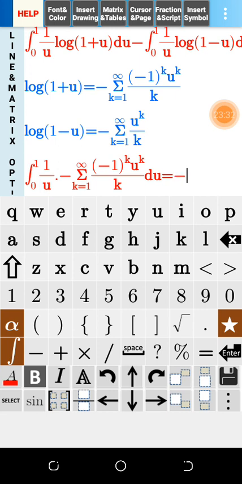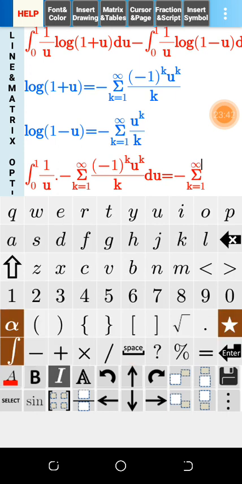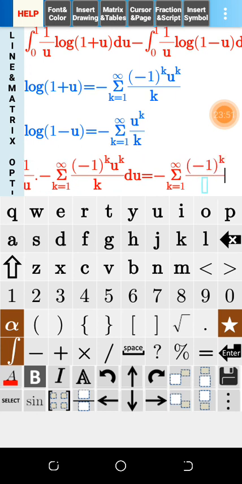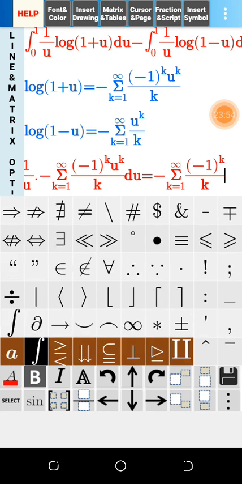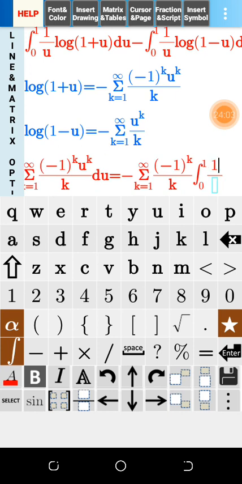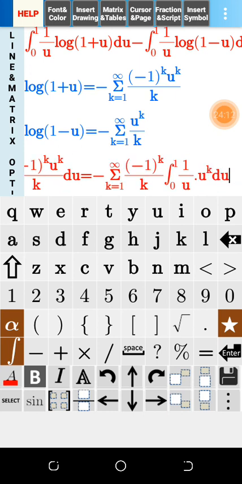We have minus the sum of k starting from 1 to infinity of (minus 1) raised to the power of k over k, the integral starting from 0 to 1 of 1 over u times u raised to the power of k, du.